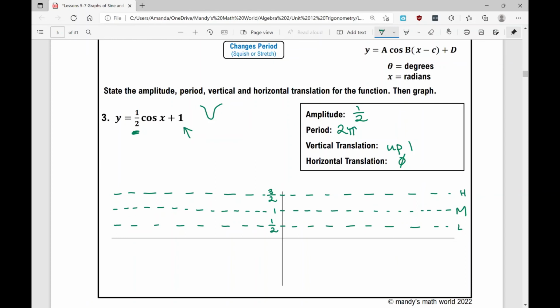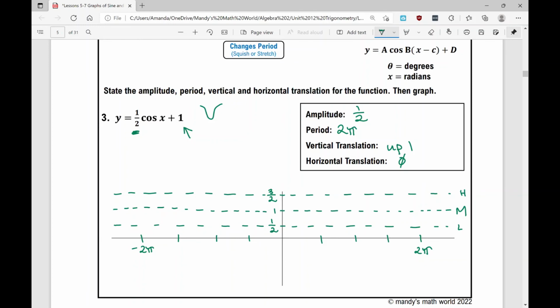Now let's plot the measures on our x-axis. If you want, you can do your graph down below your x-axis, but we're not really worried about that. 1 period is 2 pi. So out here, I'm going to put 2 pi, and out here, negative 2 pi. How many tick marks do I draw in between? 3. 1, 2, 3.